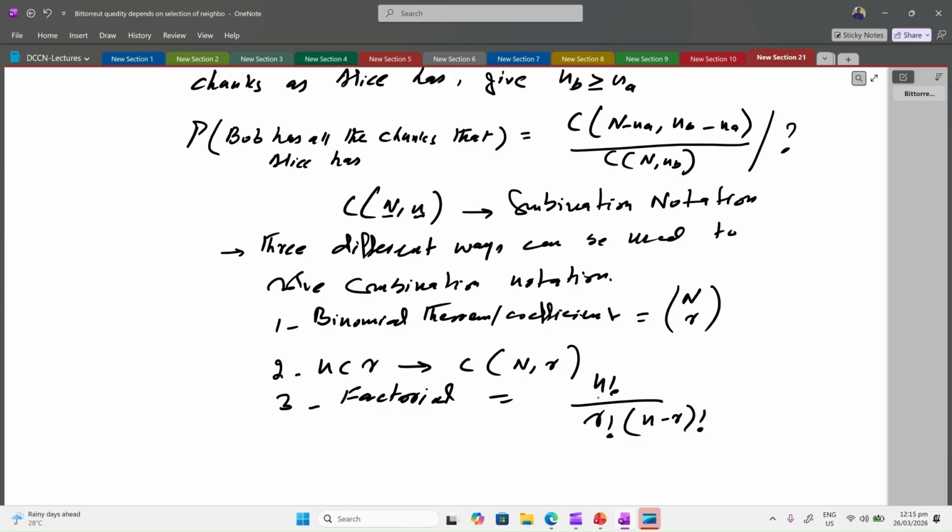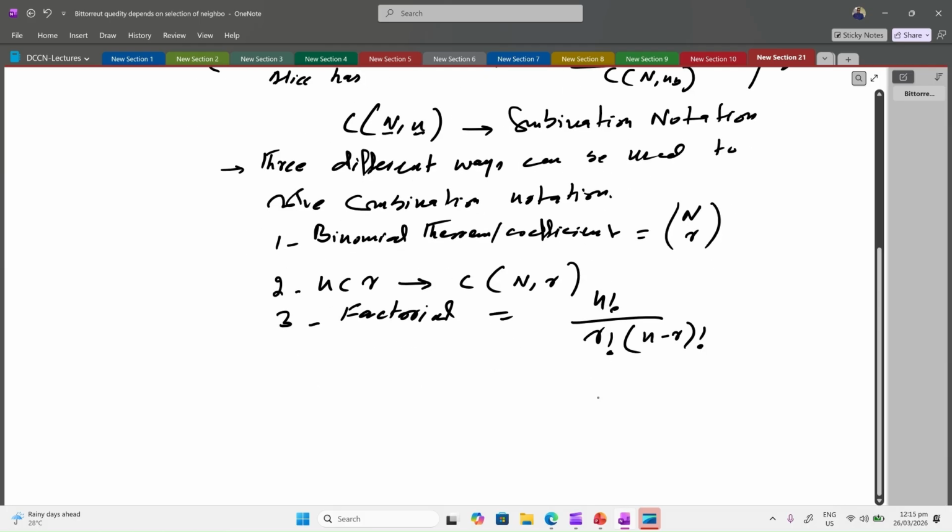For example, if I toss a coin 5 times, what is the probability of having a head 3 times using this combination notation?